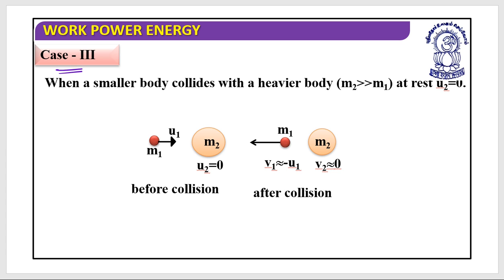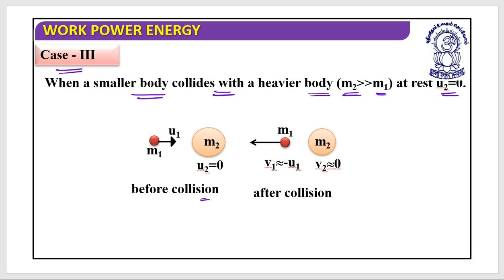When a smaller body collides with a heavier body, let's suppose it's the case when m2 is much greater than m1, and let's assume that the heavier body was initially at rest, that is u2 is equal to 0. So this is the case that a smaller body collides with the heavier body, which was initially at rest.